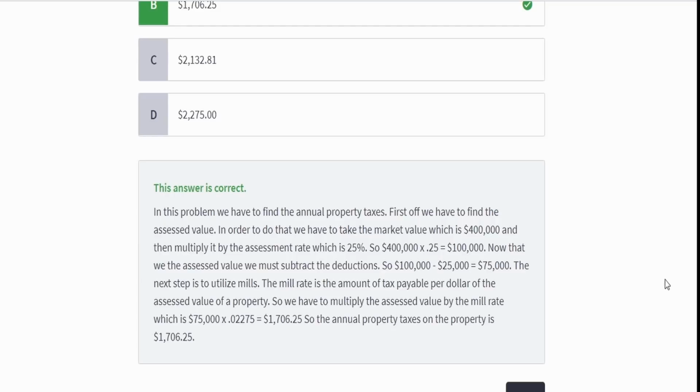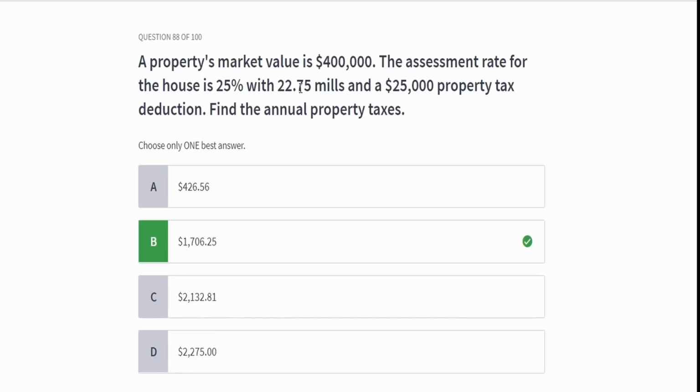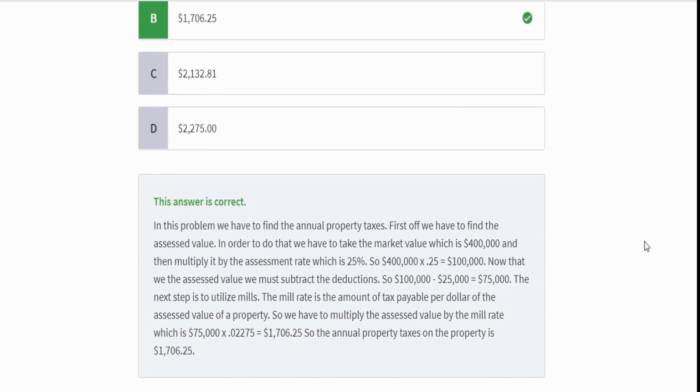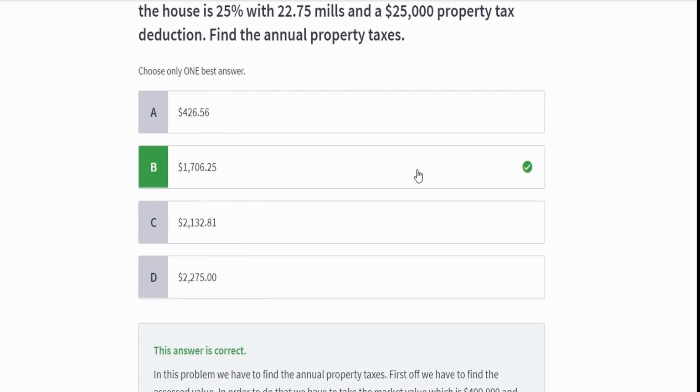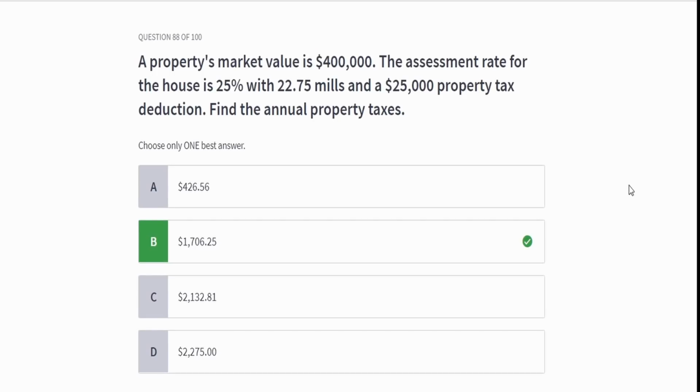I always get questions about the decimal on this one, and don't worry, we cover in the video how to do the decimal points. Doing all that gives us our annual property taxes, which is $1,706.25.